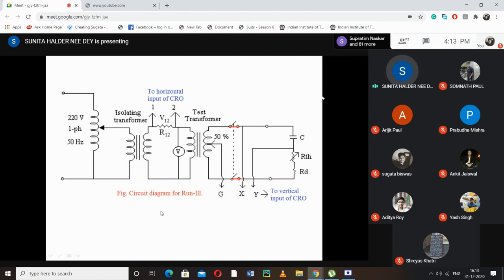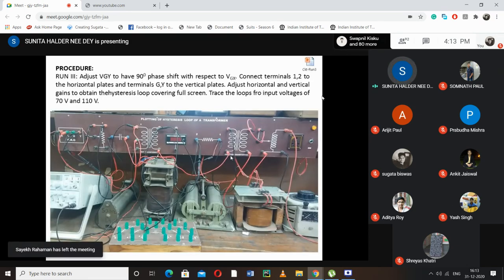So what will be the circuit now? The circuit is the same as run 2, with only the change in oscilloscope input. Now we shall give VGY to the vertical input of the CRO and V12 to the horizontal input of the CRO, right? Then this is the circuit.